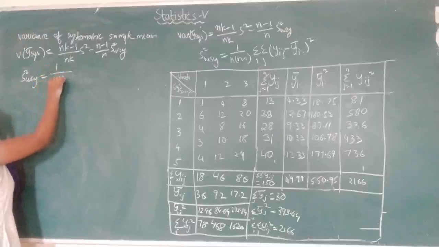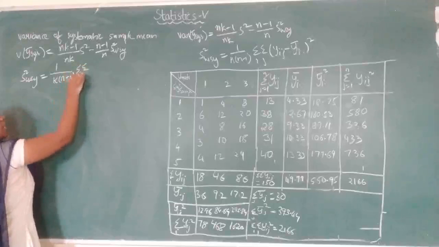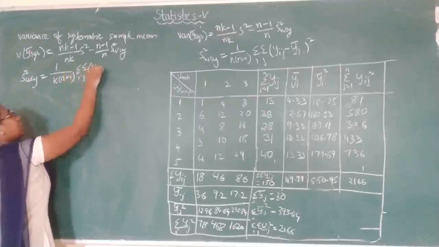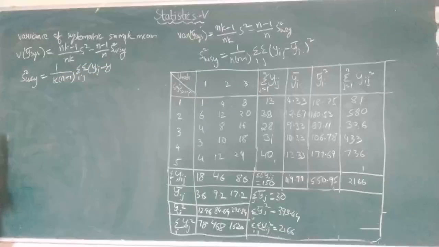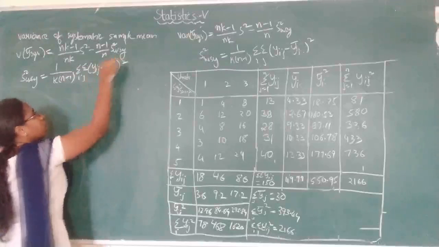So S square wsy is equal to 1 by k into n minus 1. We have used this one in our theorem. 1 by k into n minus 1, double summation over i and j of y ij minus, here we are using the ith systematic sample, so y i dot bar whole square.